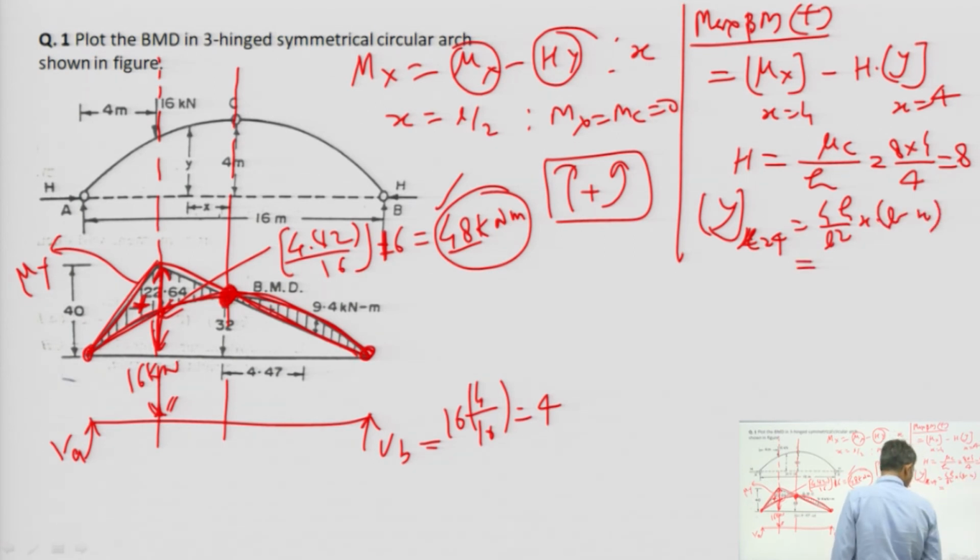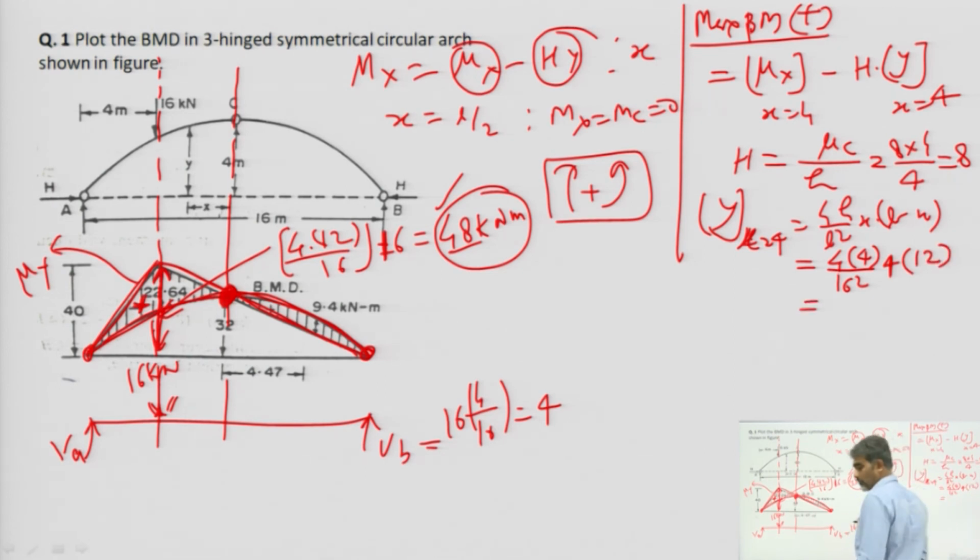By putting the value, we can calculate the value of y, okay. So, what is y? Put h as 4, L is 16 square, x is again 4 and L minus x is 16 minus 4, means 12.